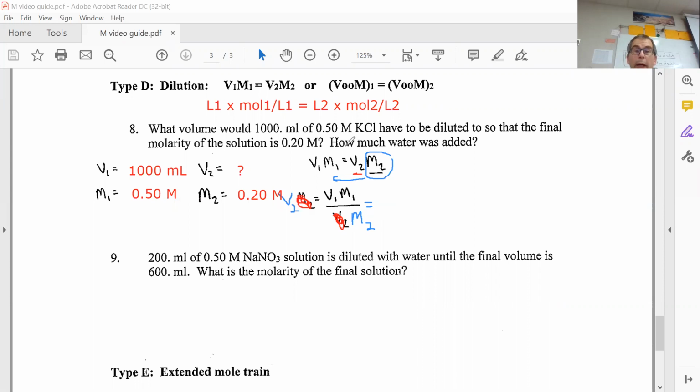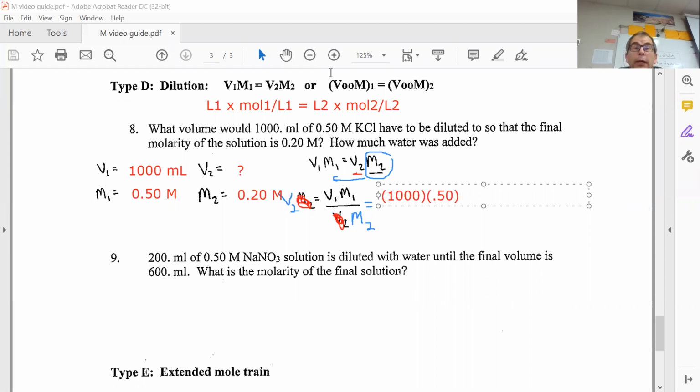Now I'm just going to plug in these numbers. V1 looks like 1,000 milliliters, so I'll put that in parentheses, 1,000, and times that by the initial molarity, which is 0.50.